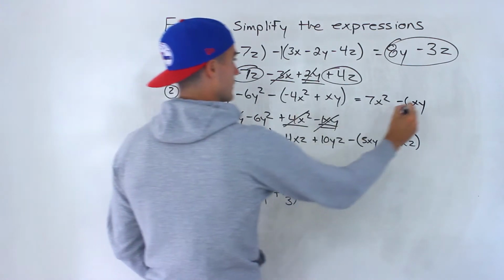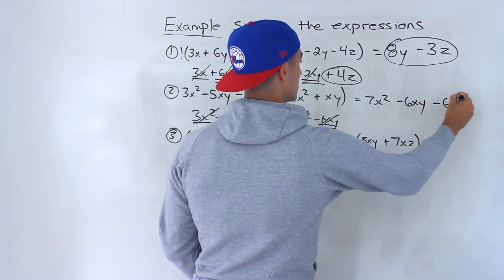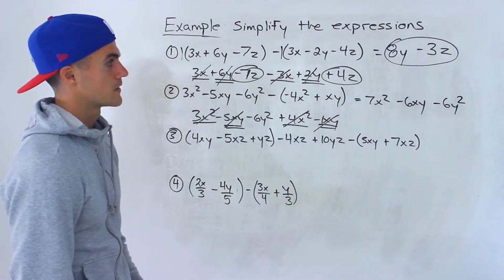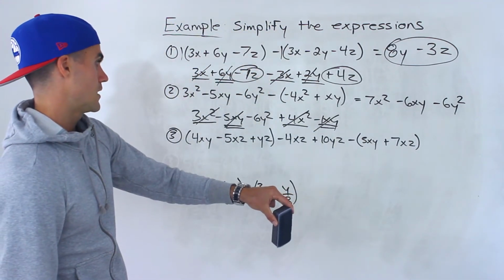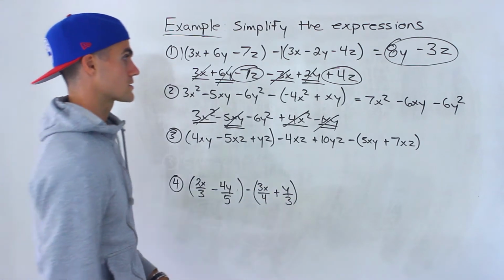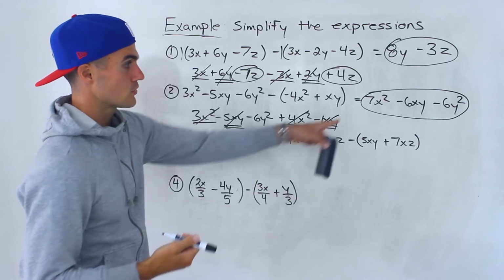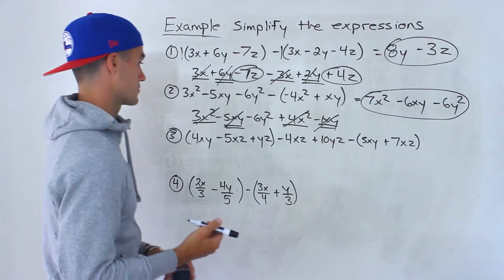And then we got the minus 6y squared. So just a quick double check, yeah, looks all good. So this here would be the final answer for number two. Notice none of those are like terms.